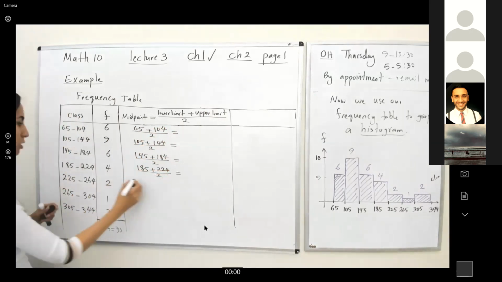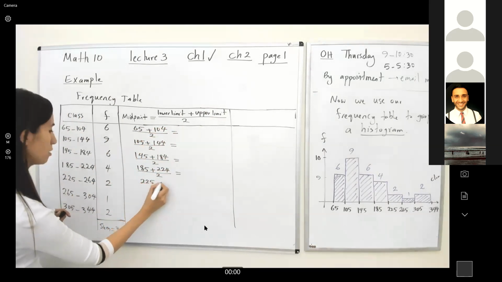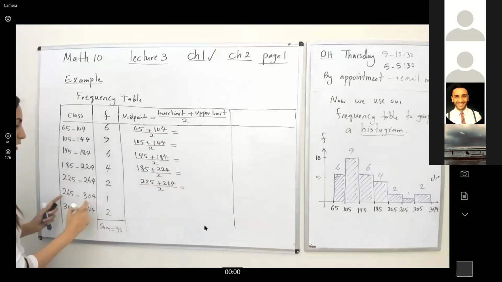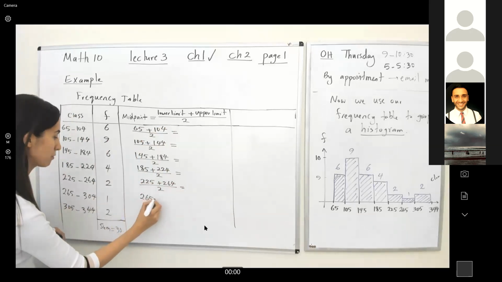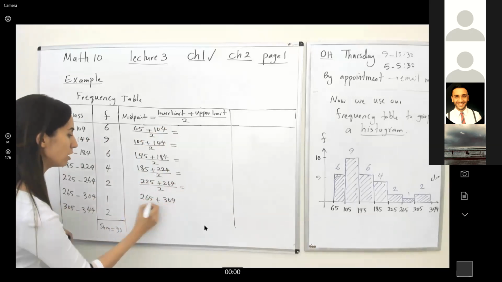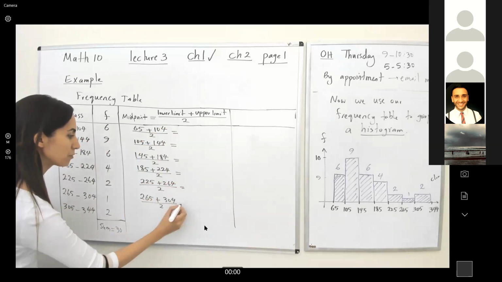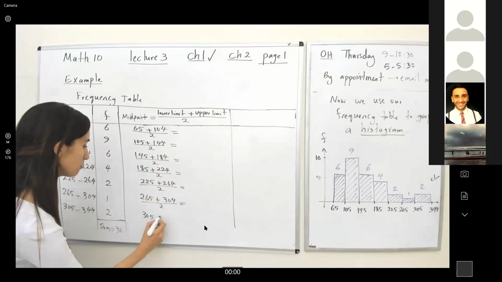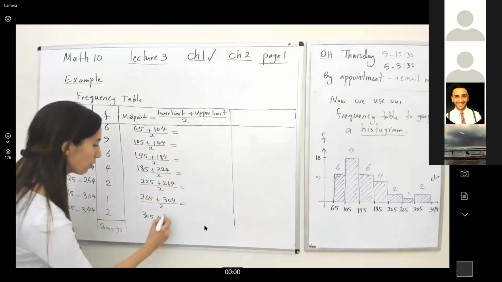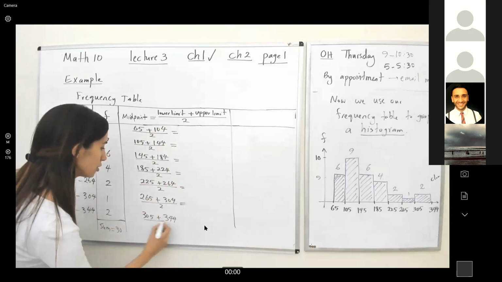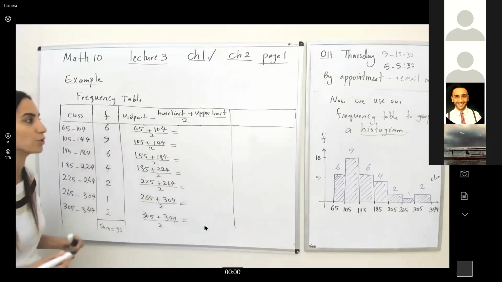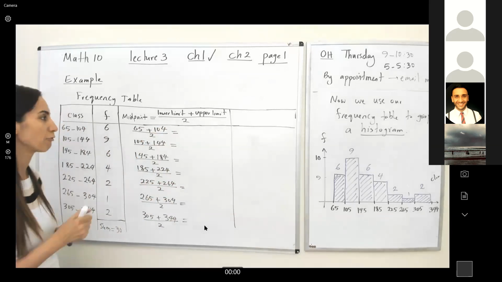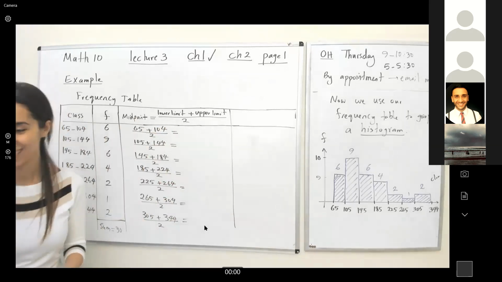Then for this class, you have 225 plus 264 divided by 2. We have 265 plus 304 divided by 2. And finally, we have 305 plus 344 divided by 2. Okay, take your time, find the midpoints for me.